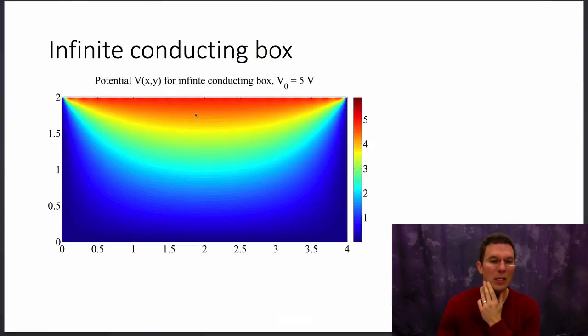So it decays exponentially away from 5 volts down to 0 volts here on the bottom. And the advantage of using MATLAB is that you can see exactly what the potential is doing at any point, which is very helpful and powerful. And so I hope that you'll take advantage of the opportunity to use MATLAB to make plots like this.